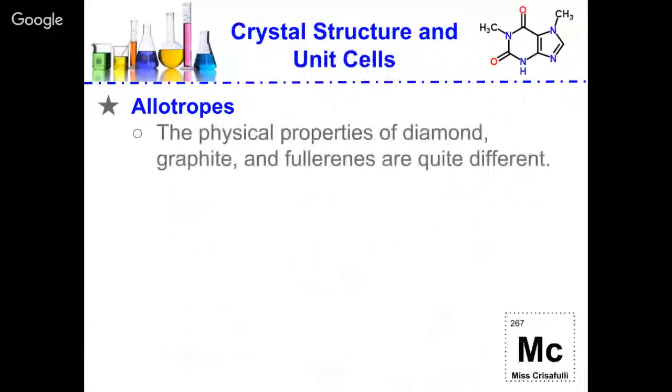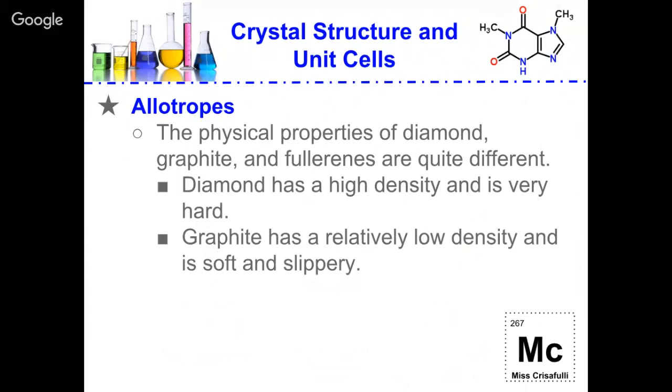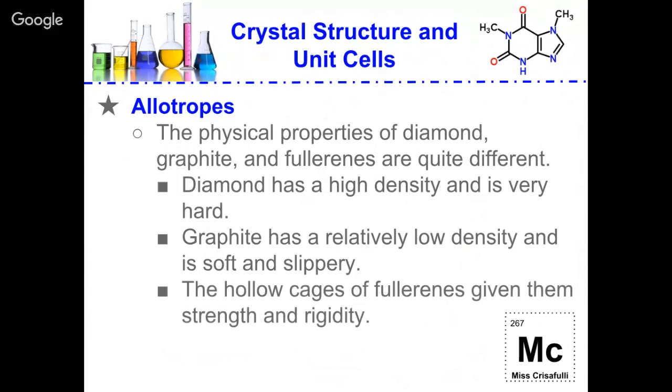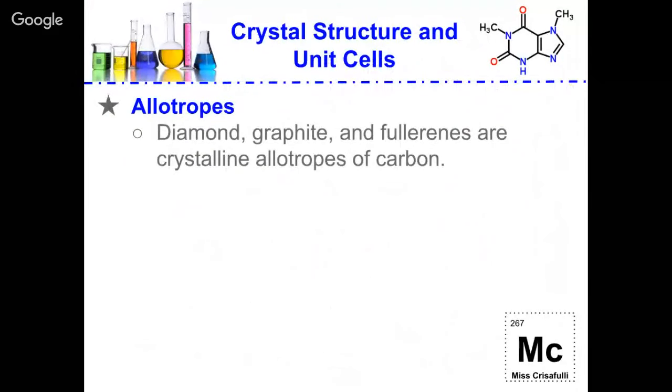The physical properties of diamond, graphite, and the fullerenes are quite different. Diamond has a very high density and is very hard. Graphite has a relatively low density and is soft and slippery. The hollow cages of fullerenes give them strength and rigidity. Diamond, graphite, and fullerenes are crystalline allotropes of carbon.